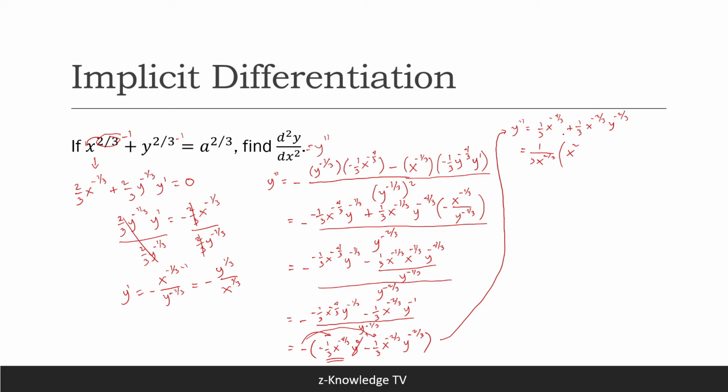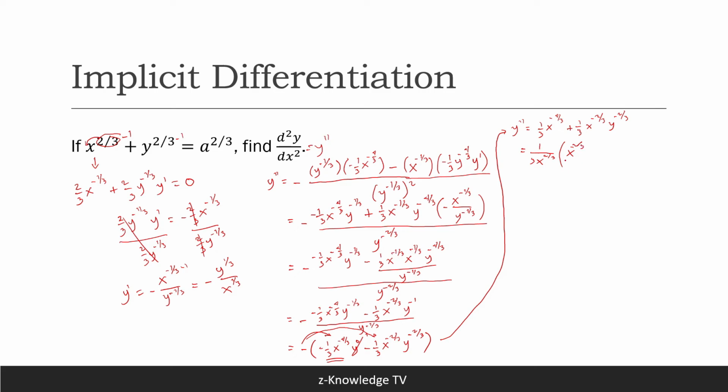Since naka-negative siya, so negative 2. Para kapag dinistribute natin 'to, let's say ito is iangat natin, magiging x raised to negative 2/3. Okay? So, minus 2/3.